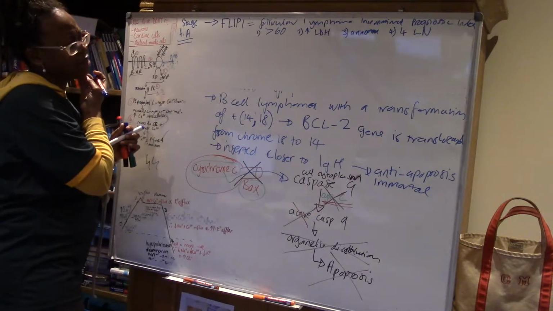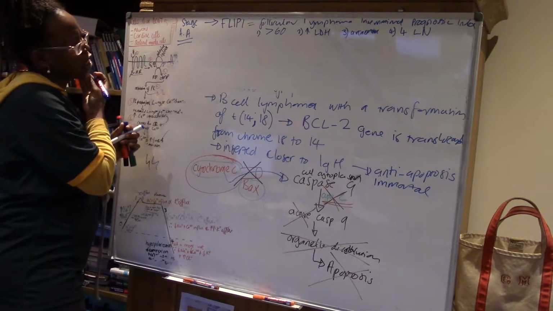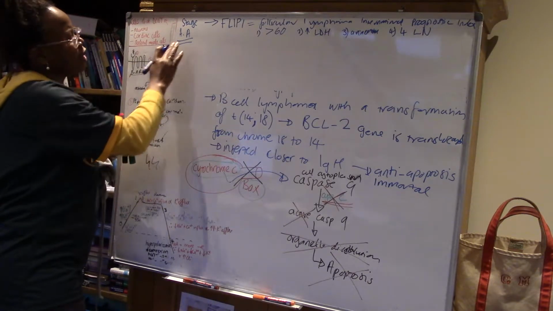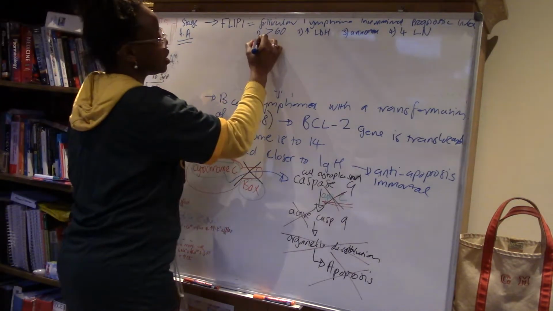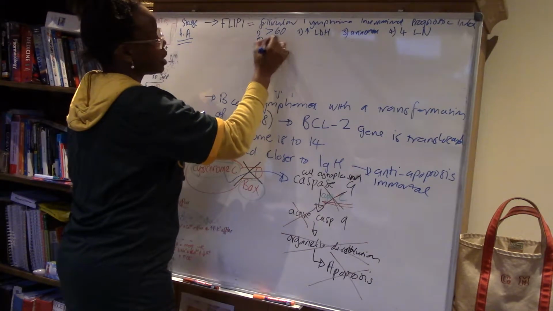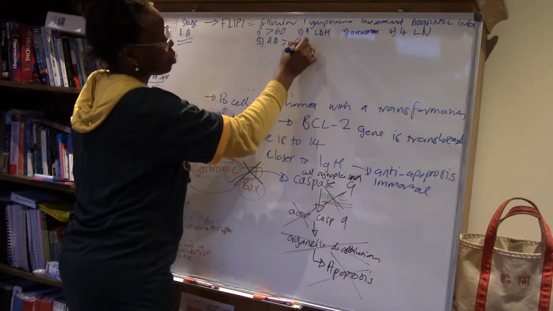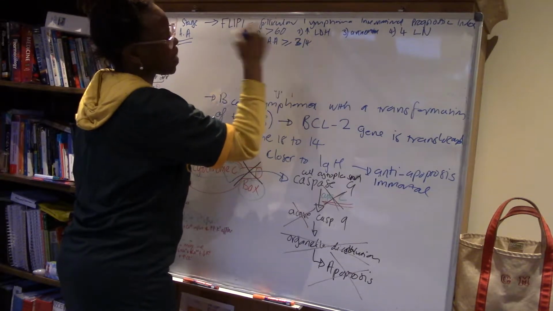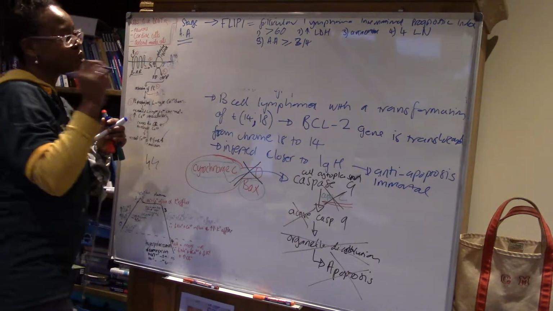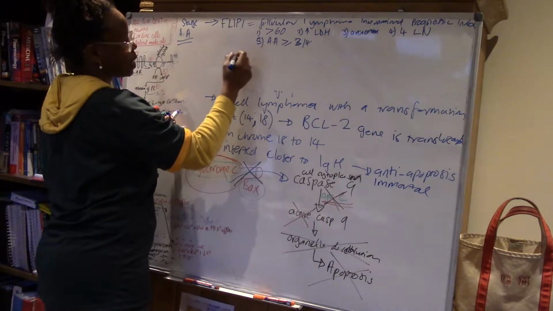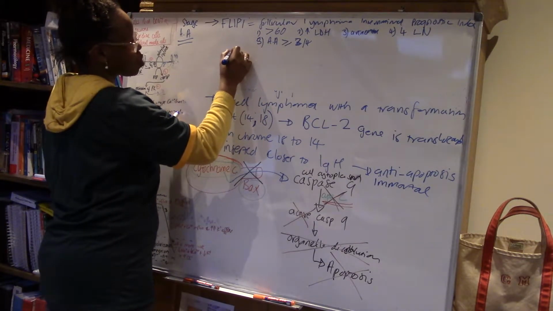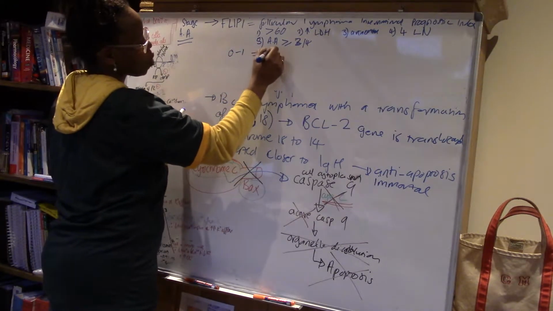And there's something else which I've forgotten. And if they have a stage of more than 2, or is it 3 to 4, they get another score. So at the end of this all, people who score 0 to 1 are called low risk.